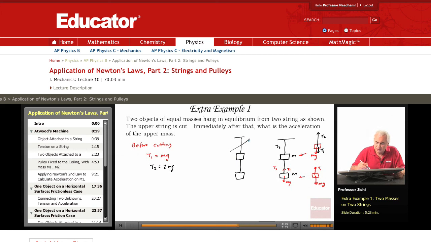Once I cut this, then the tension is gone here. So T2 now is gone. But still, immediately after the cutting, there's a tension here, T1, and there is mg.